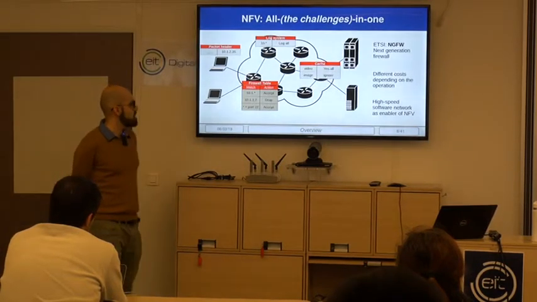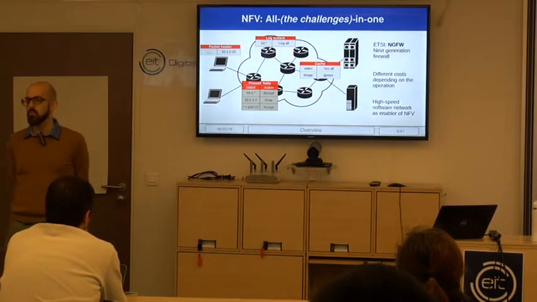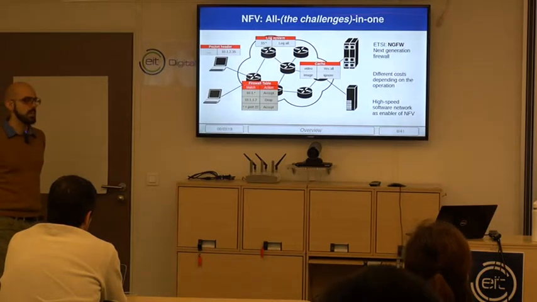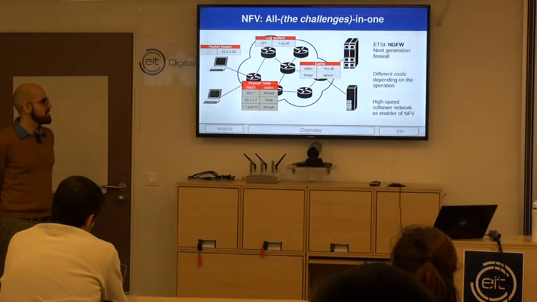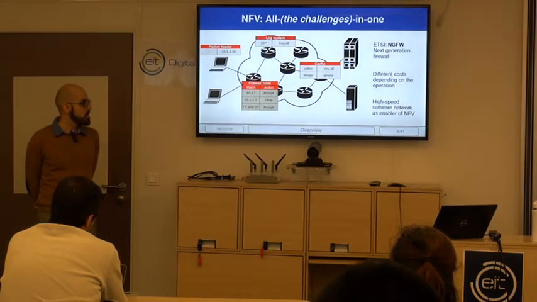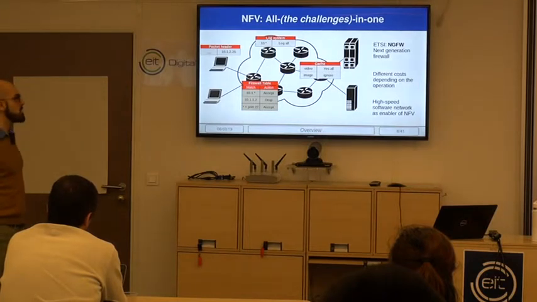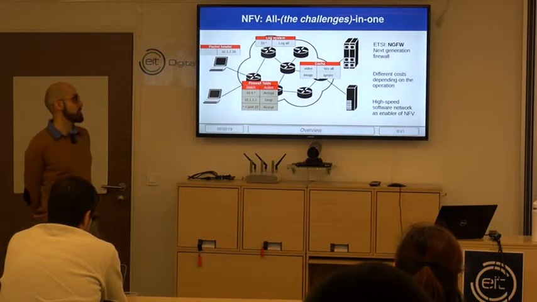So what we observed is that somehow the paradigm of network function virtualization, so the fact of replacing hardware middleboxes with the equivalent sequence of code, takes on all the challenges at once. In fact, this is an example of a network with many middleboxes. We have firewalls that are doing a certain kind of processing, but we also have caches, different kinds of processing.